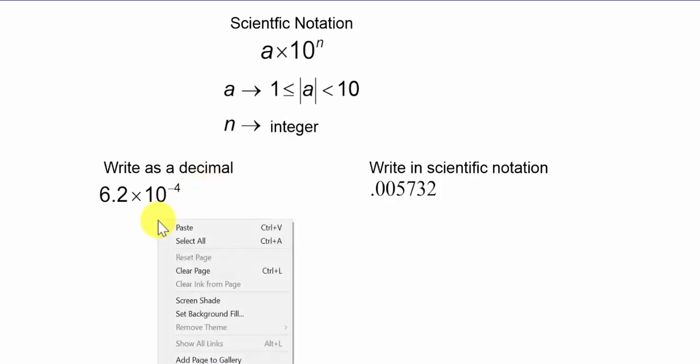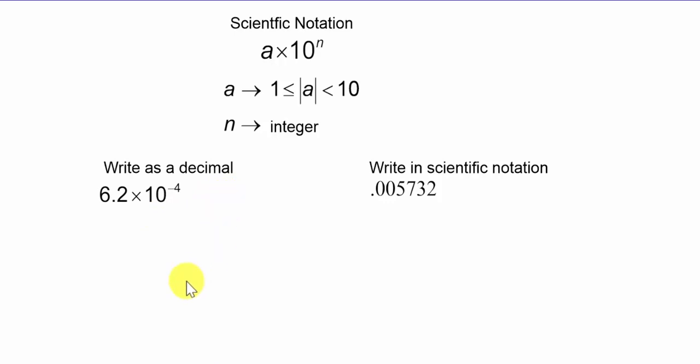So if we look at our first example, this example is in scientific notation, and they want us to write it as a decimal. So in order to do that, we're going to consider the power of 10 right here, which is -4. And when we multiply by a negative power, that means our placeholder is going to move back to the left. So we have 1, 2, 3, 4 places.